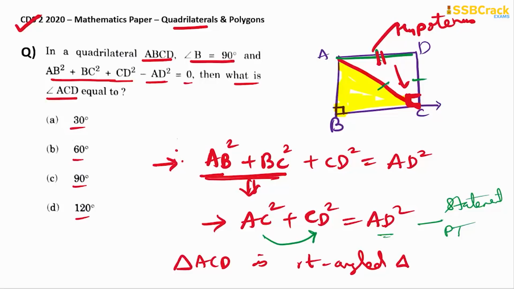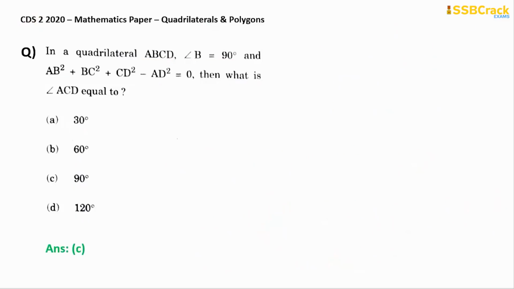Getting my point? So angle C has to be 90 degrees so that the opposite side AD is the hypotenuse, its square equal to the sum of the squares of the remaining two sides. So this is how we made use of the given, and we arrived at the answer key for this particular question, and it is option number C.